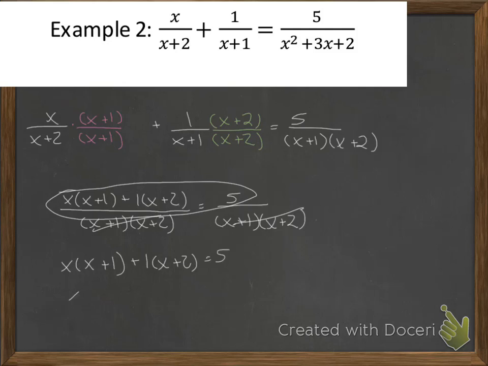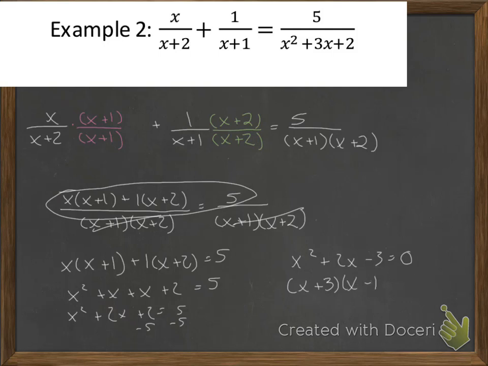Of course you would go x squared plus x plus 2 is equal to 5. We get x squared plus 2x plus 2 is equal to 5. We subtract 5 from both sides, and we get x squared plus 2x minus 3 is equal to 0. And then we can factor it and solve for x.